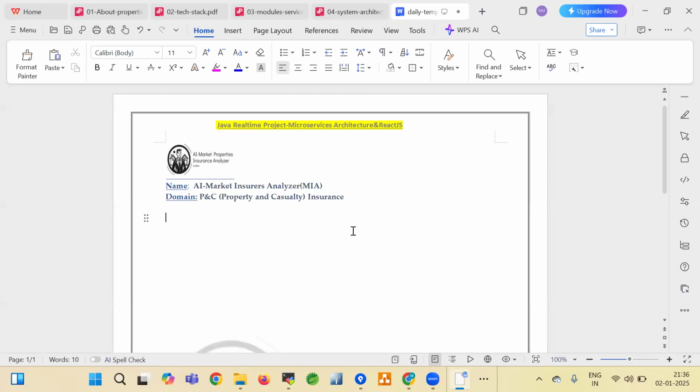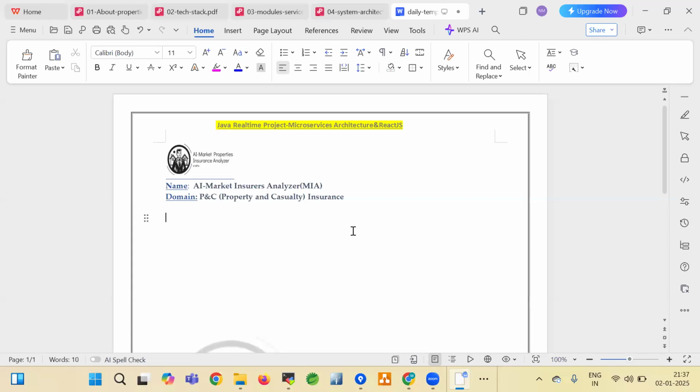Thanks for attending the demo on the Java real-time project using the microservices architecture and React.js as the UI. The project is Market Insurers Analyzer, which will have AI capability embedded or integrated as well.